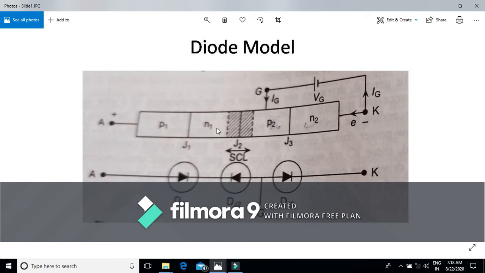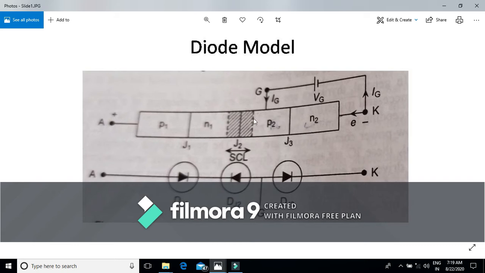Again, the holes in this layer, because this is the N1 layer, are minority carriers. These holes reach the junction P2, and this phenomenon repeats, or we can say this junction J2 becomes flooded by crossing of the minority carriers on both sides, and the conduction of this device takes place.